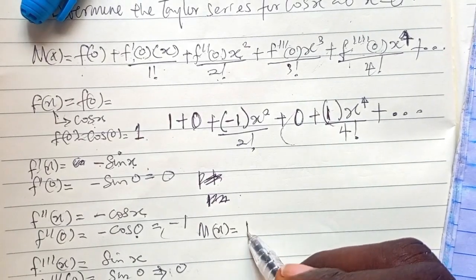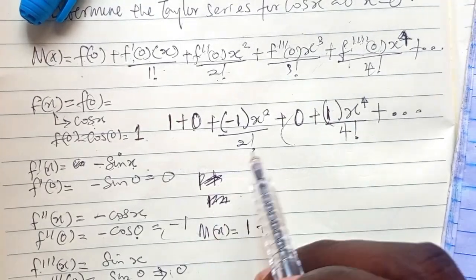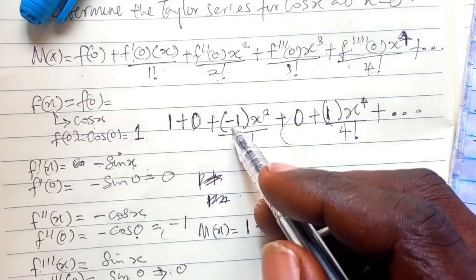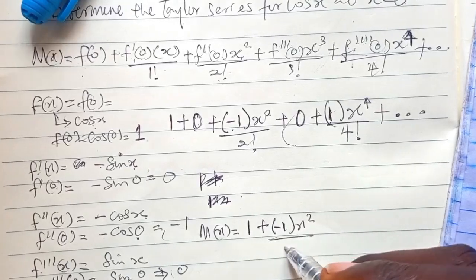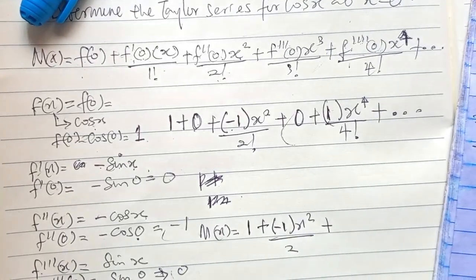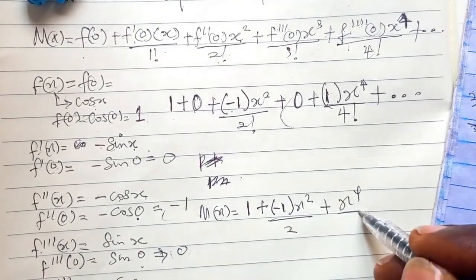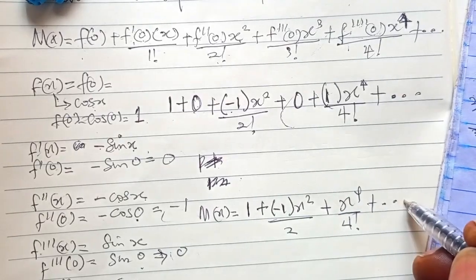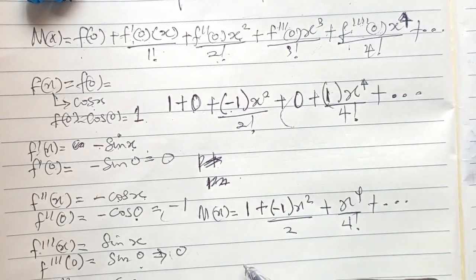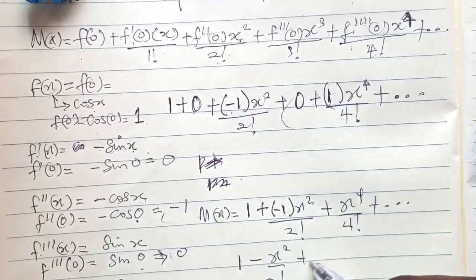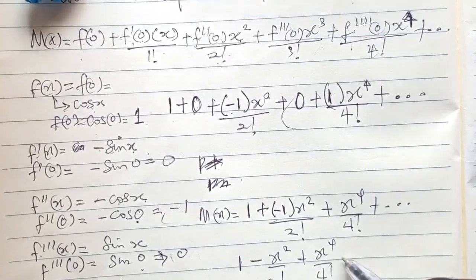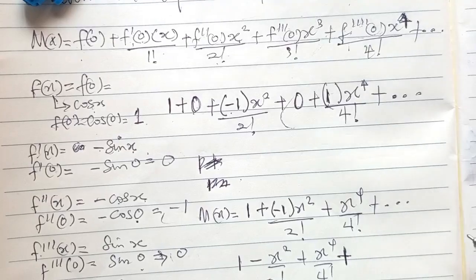So the final answer will look like this. Maclaurin series is 1 plus, now skip this 0, come to this next one. That will be minus 1 x squared over 2 plus x to the 4 over 4 factorial plus, and so on. And you can also rewrite it like this: 1 minus x squared over 2 factorial plus x to the 4 over 4 factorial plus, you can see the pattern. The next one will be x to the 6 over 6 factorial.